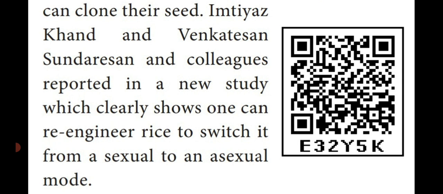That means the newly hybridized rice produced by the CRISPR Cas9 method is known as re-engineered rice. So this sexual re-engineered rice is afterwards cultivated in an asexual mode of cultivation.